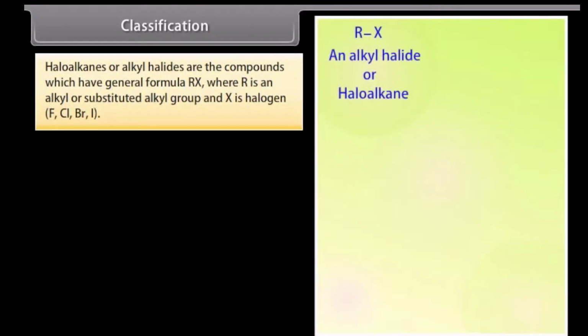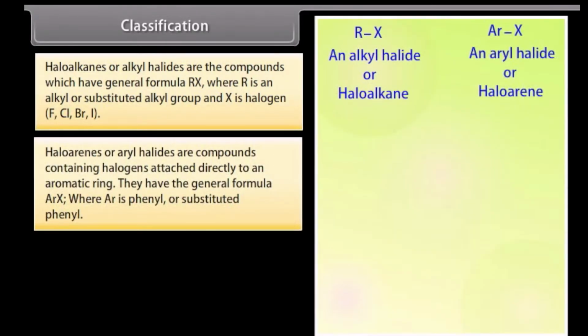Classification. Haloalkanes or alkyl halides are the compounds which have the general formula RX, where R is an alkyl or substituted alkyl group and X is the halogen F, Cl, Br or I. Haloarenes or aryl halides are compounds containing halogens attached directly to an aromatic ring.